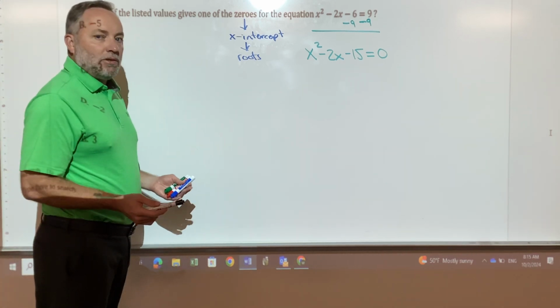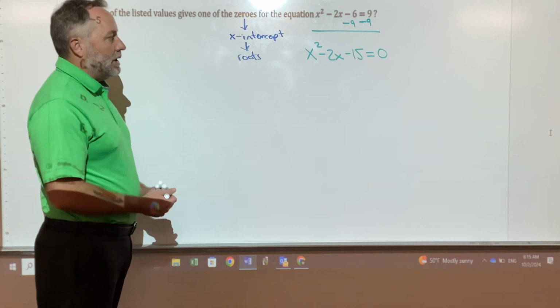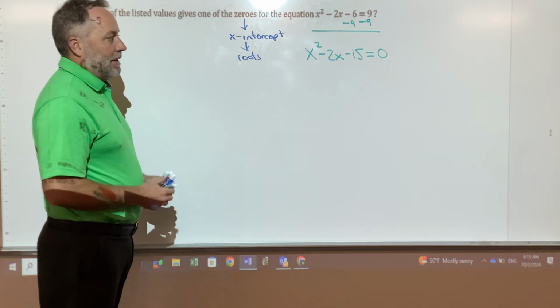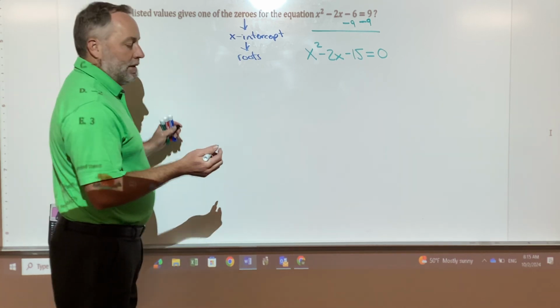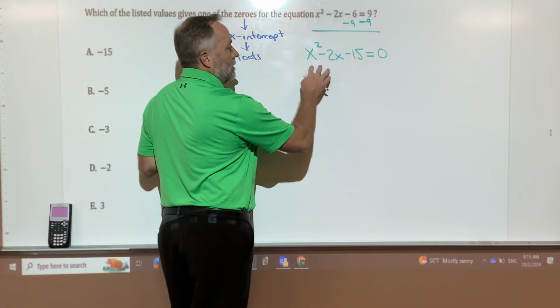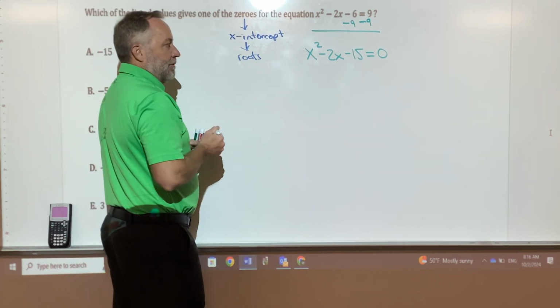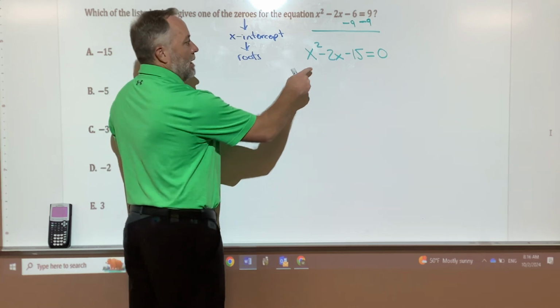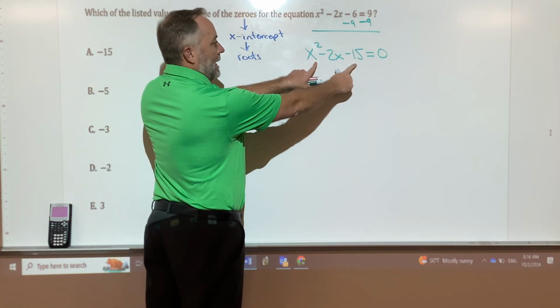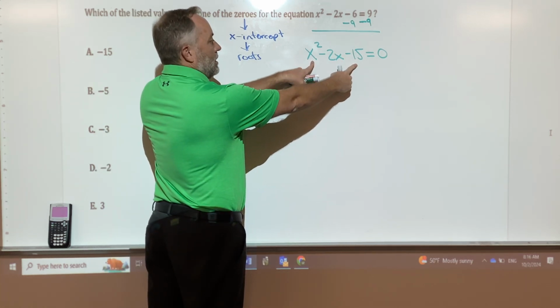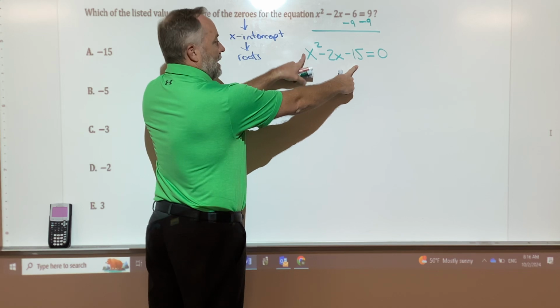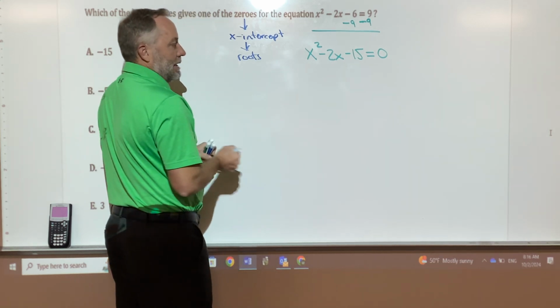There's lots of ways that you can factor or may have seen factoring done, but they're all the same thing. So what you're trying to do is find 2 values. We're undoing the distributive property in essence, but you find 2 values that multiply to get the product of the first and last value. So this is like a 1, 1 times negative 15 is negative 15.